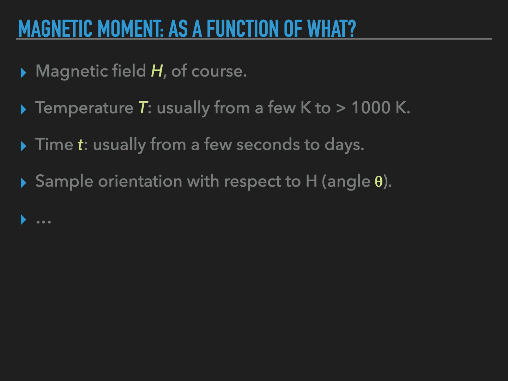Then it can depend on time, with time constants that can range from a few seconds or even a fraction of a second to even days. Then, depending on the shape and the anisotropy of your sample, it can depend on the orientation of the sample itself with respect to the applied field, and maybe even more quantities. Magnetometers usually are able to measure the magnetic moment as a function of at least one of these quantities, maybe even more than one.